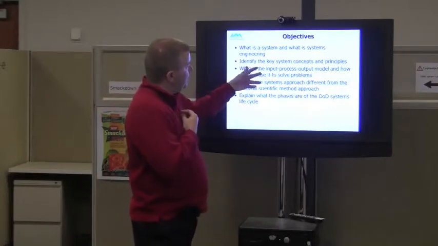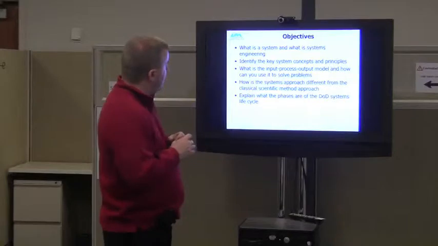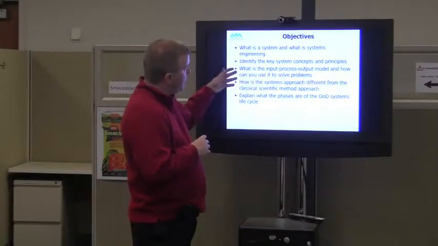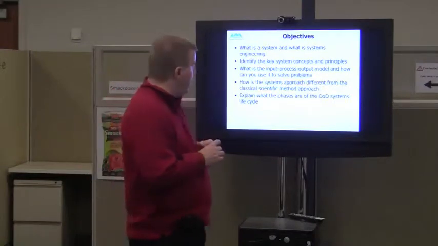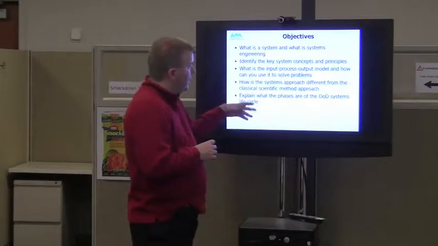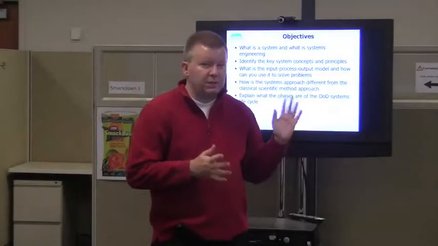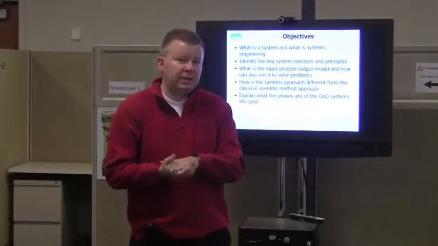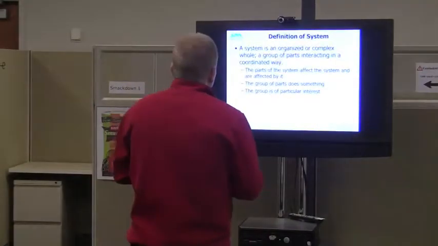We're going to talk about the input process output model and how you can use it to solve problems. We're going to do some stuff on systems approach, how the system approach is different from the classic scientific method approach. And then we're going to talk about the phases of the DoD system life cycle, and even go into the stages because there's an appendix in your book, and I highlight some of that as well.